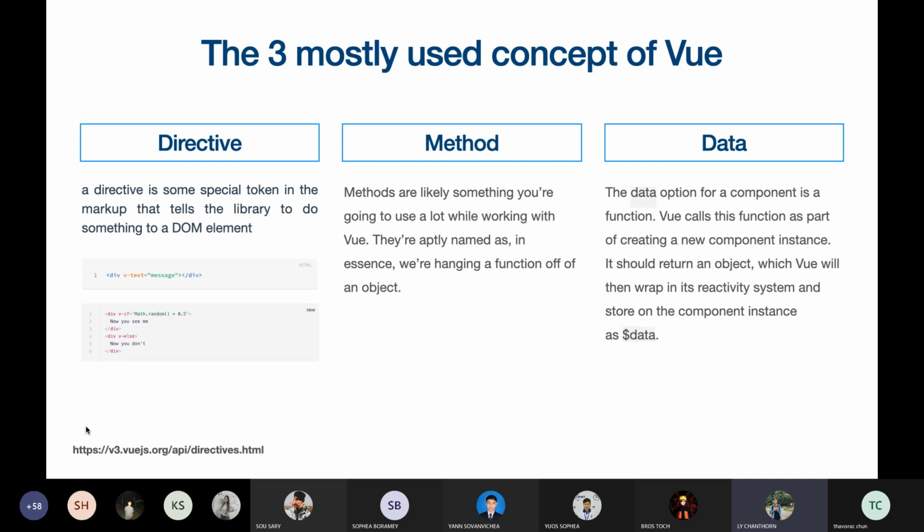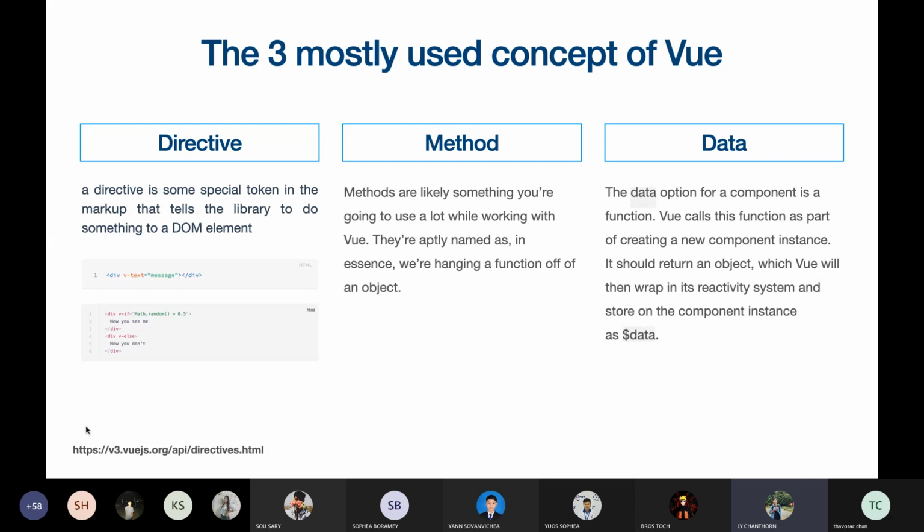For example, v-text. v-text is a directive to supply a text into an HTML tag. So like the example here, you apply a message to a new HTML tag. Okay, so when it's rendered, you will see a message inside that HTML view.